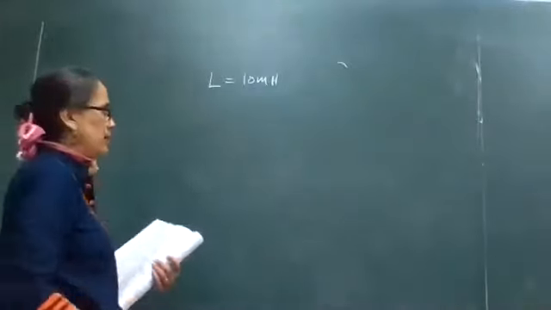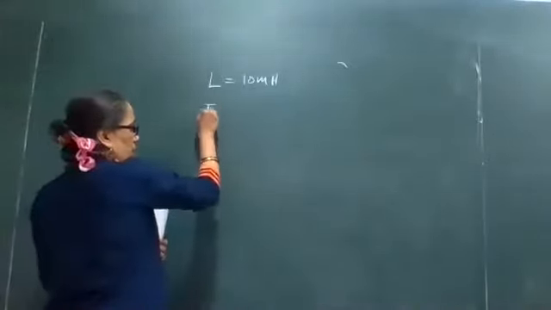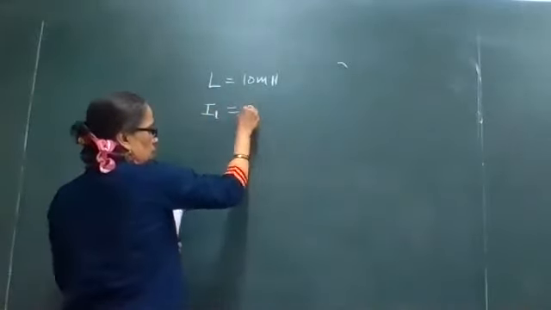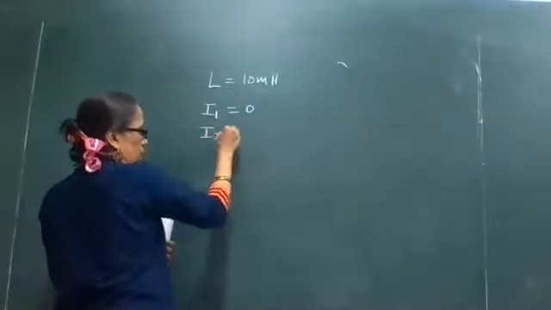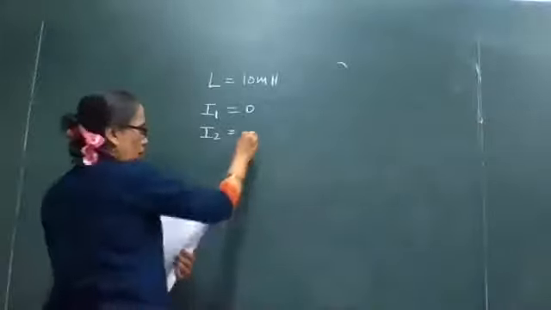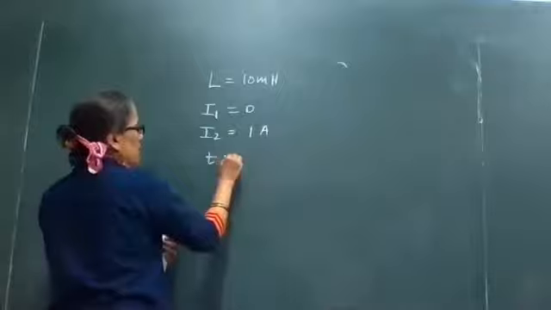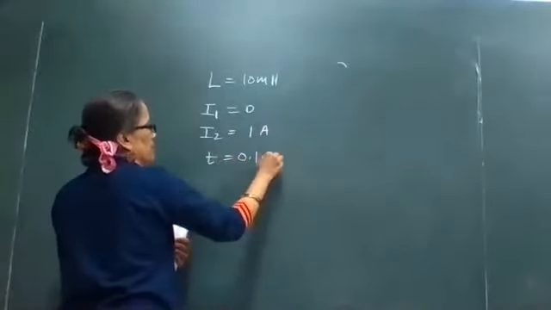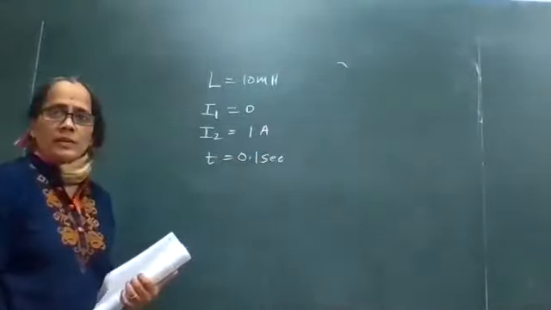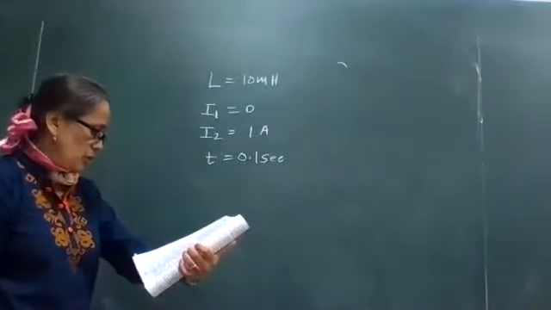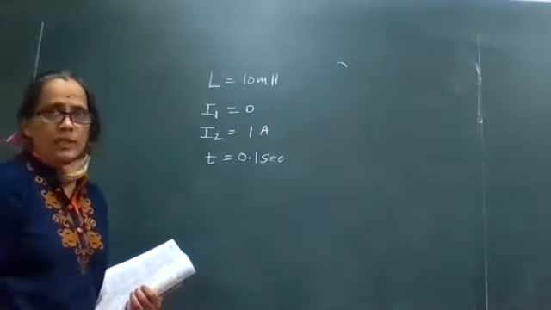So the self-inductance L is 10 mH. The current increases from 0 to 1 ampere in a time interval t of 0.1 second. And what you have to find out is the induced EMF in the coil.